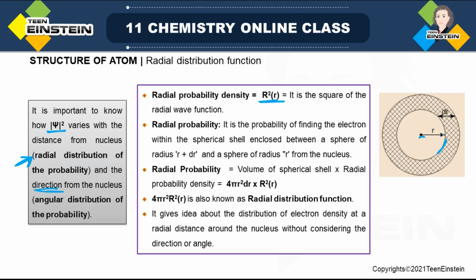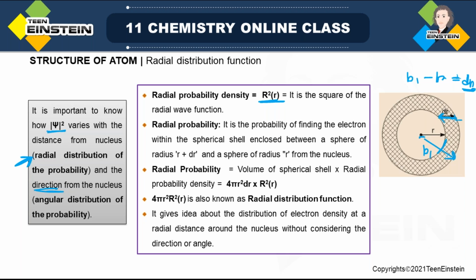So this is the radius, and suppose this is r1, so r1 minus r is dr. Now dr, as it is d and r, means a very small distance. So this is dr, this is r.